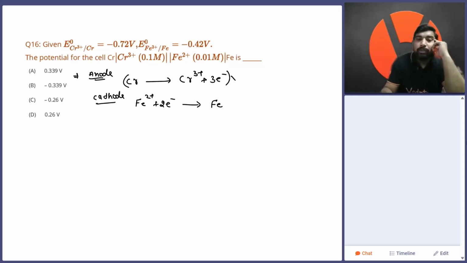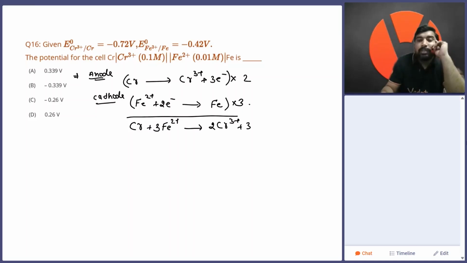You just need to multiply the anode equation by 2, and the cathode reaction by 3, and add. So 2 Cr plus 3 Fe2+ will give 2 Cr3+ plus 3 Fe.